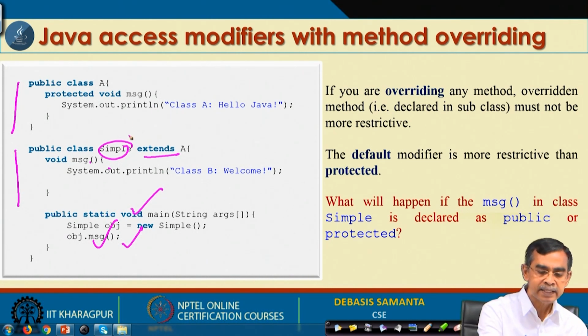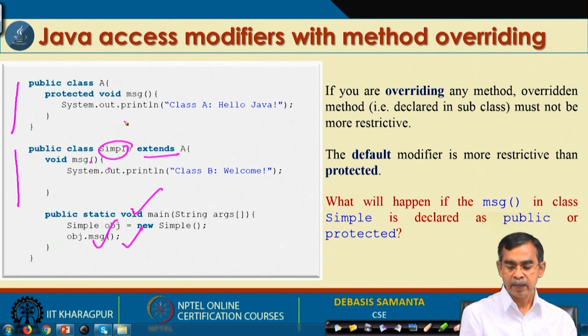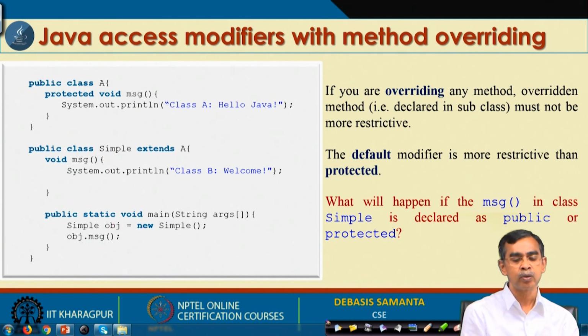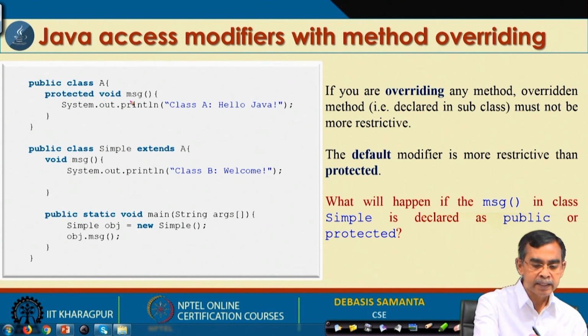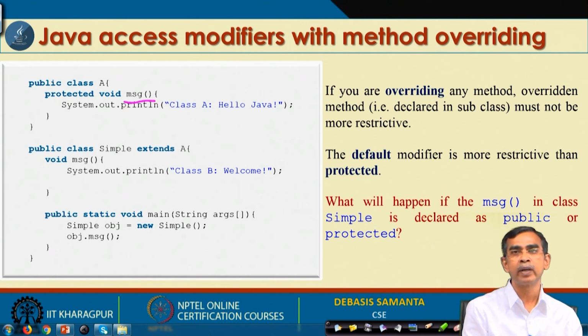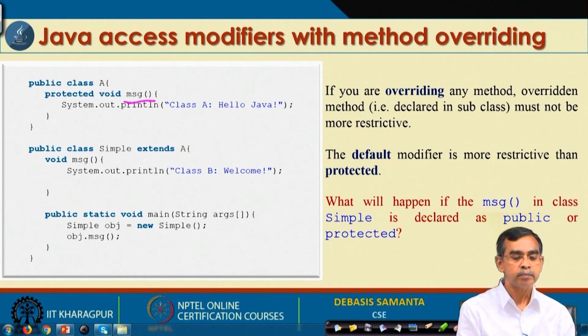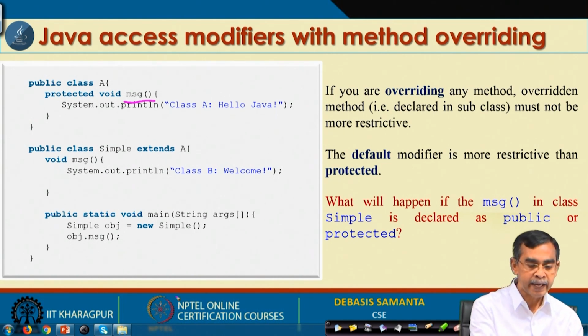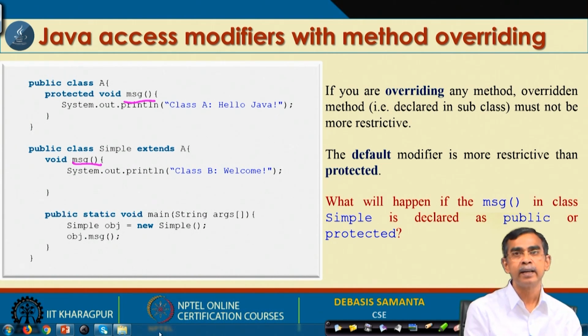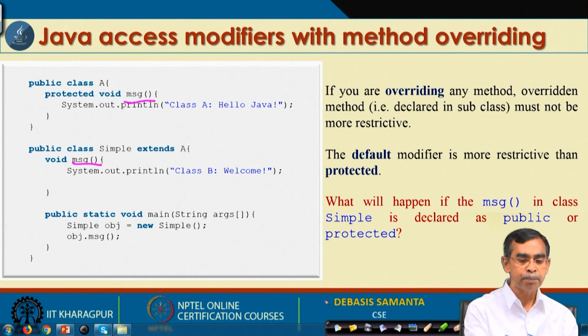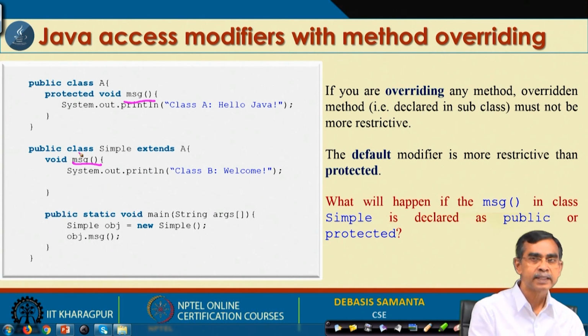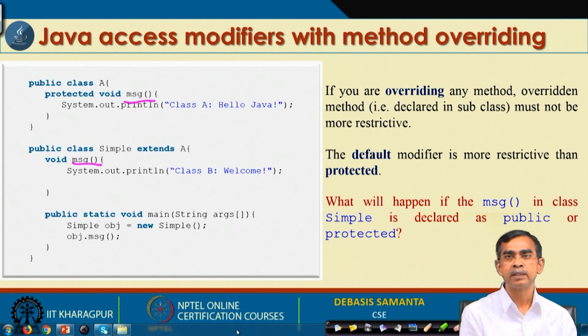Now, in class A, again one thing you can notice is method overriding. Here we see that this method is declared as protected in class A, and again the method is overridden here in the subclass. So, if it is protected and it is a subclass, overriding is possible.